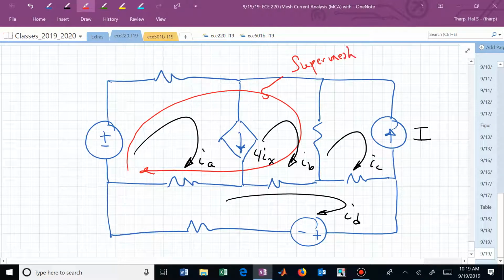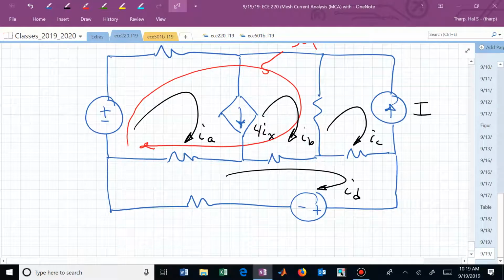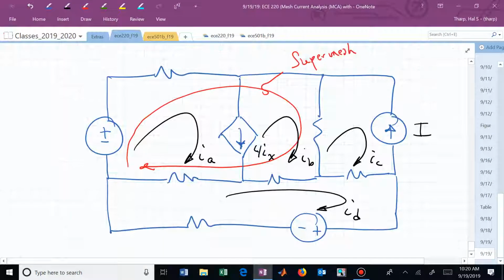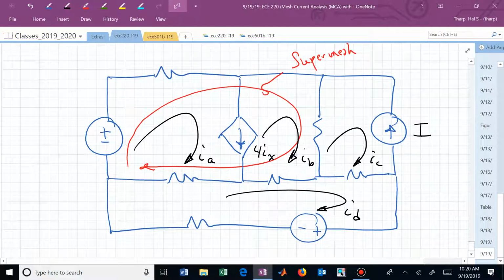And we could write a KVL for that. So we have a constraint equation. What's our constraint equation for that super mesh? Is that right? That's our constraint equation.